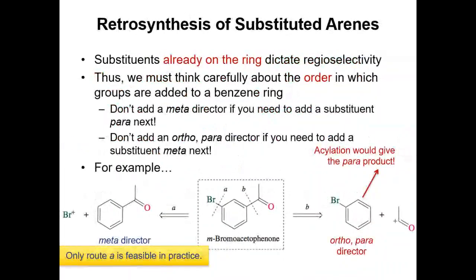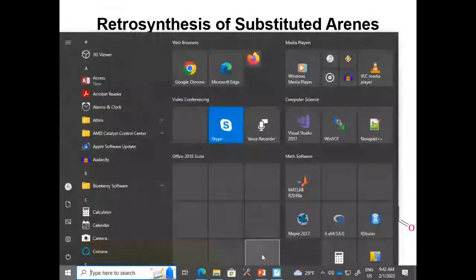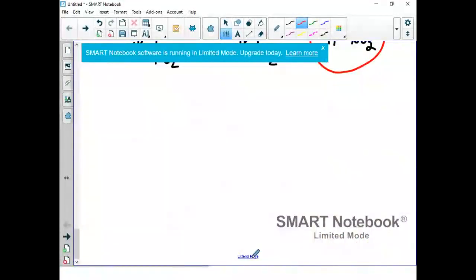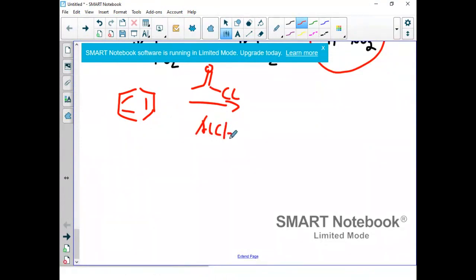Basically, for this particular problem, if you start from benzene, you can probably do the acyl chloride, aluminum chloride, and you get the carbonyl attached.